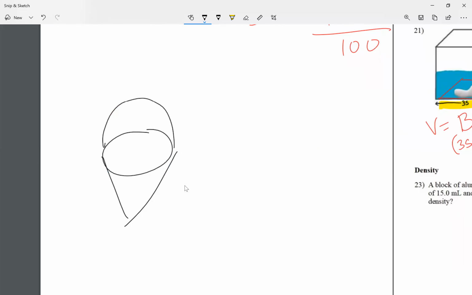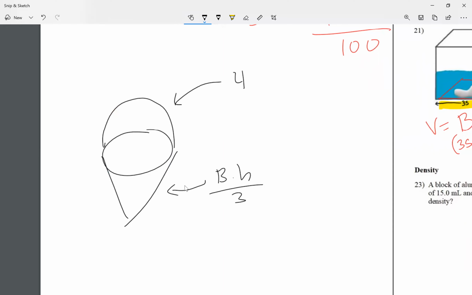Remember, for the cone, we just go the area of the base times height divided by 3. The base is a circle. The height obviously will be given, and then divided by 3. So that's not that bad. Now for the top, a hemisphere, the half of a sphere, remember the volume of a sphere, we talked about this already.